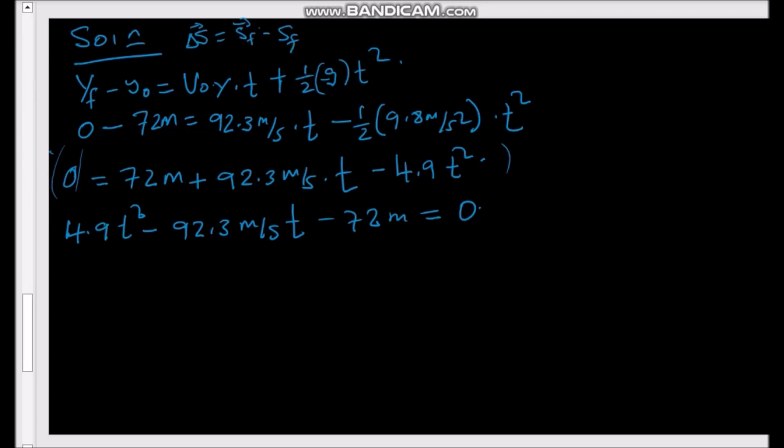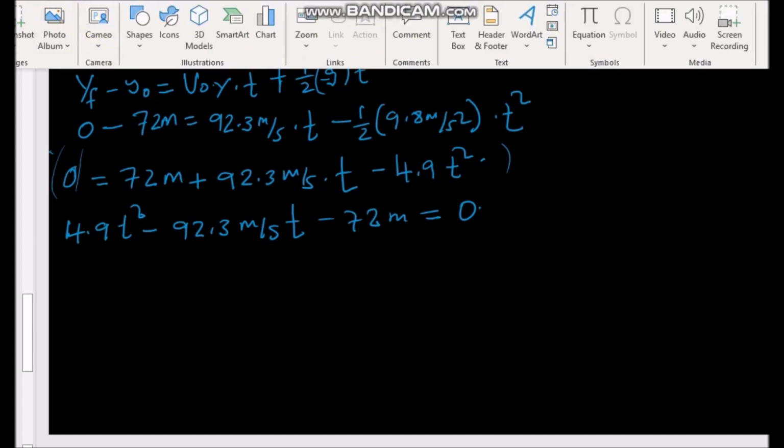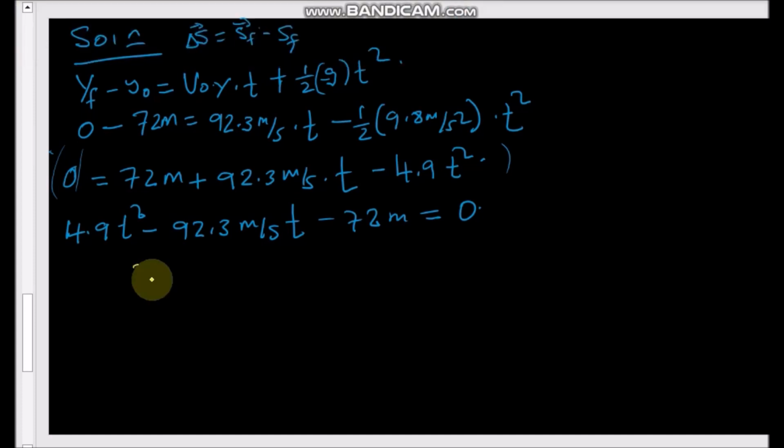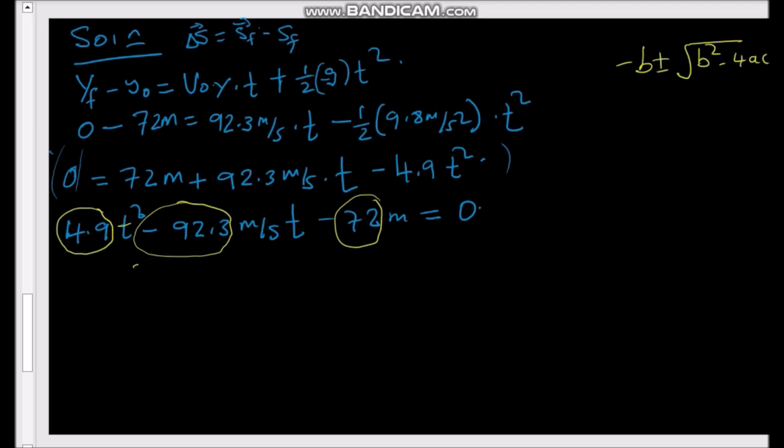Now let me identify which values we have. We need to find the total time of flight. According to this, it can be found by the quadratic equation: minus b plus or minus the square root of b squared minus 4ac, over 2a.